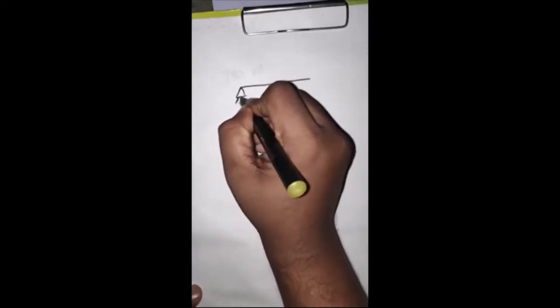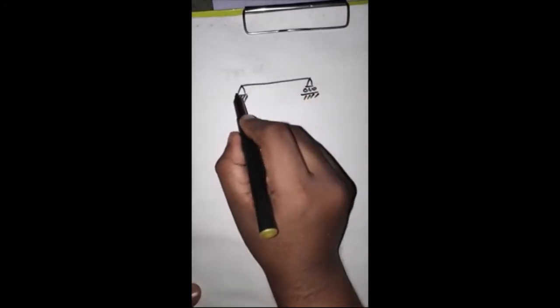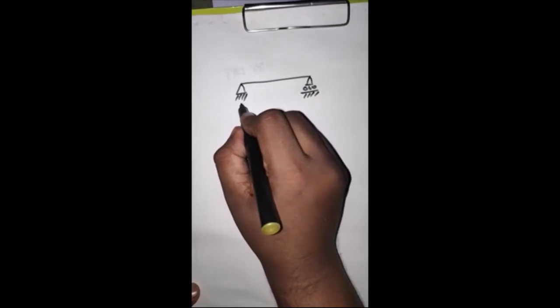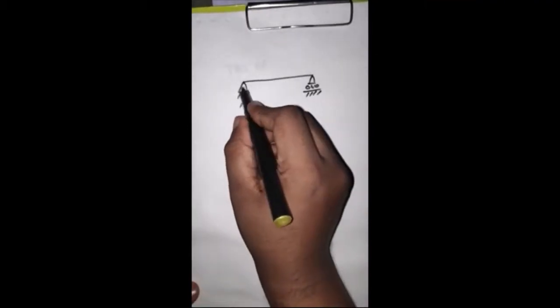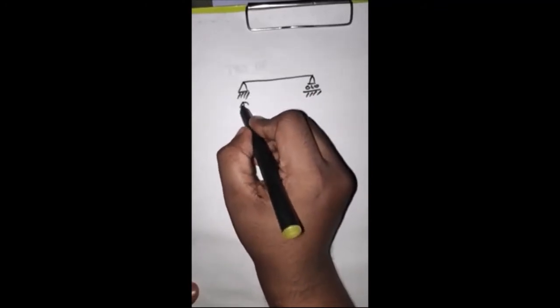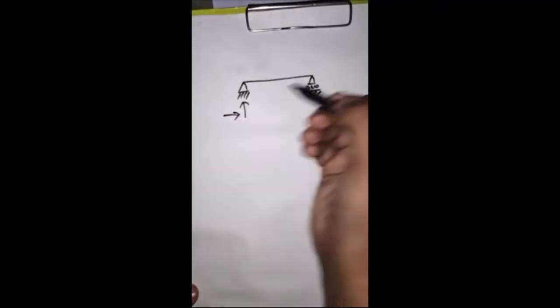We know that a simply supported beam is mainly expressed in this way. At this hinge support there will be a vertical reaction and a horizontal reaction.